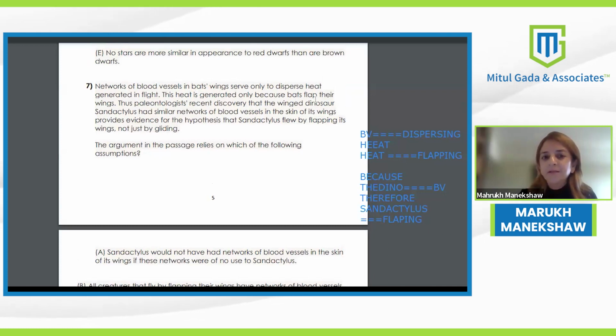Okay. But I would like to here caution you. Be wary that we're telling you that blood vessels have just one purpose in bats. Okay. It does not mean that heat cannot be dispersed differently or through other means.